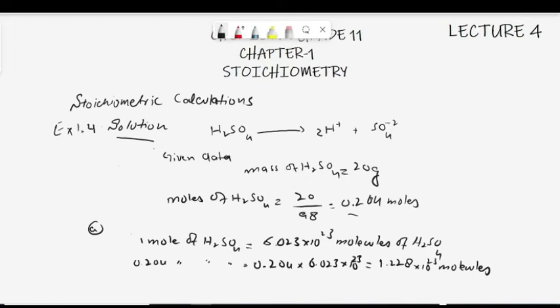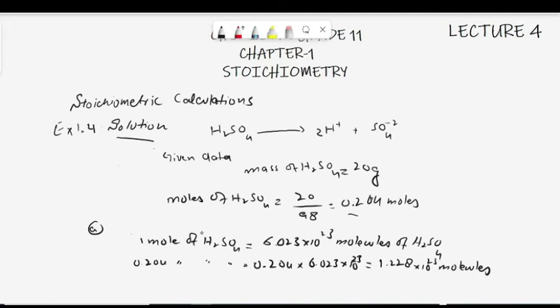Remember, you are going to determine the number of ions that are produced. So again, that deals with Avogadro's number, right? So you already know that 1 mole of sulfuric acid produces 2 moles of hydrogen ions and 1 mole of sulfate anions.